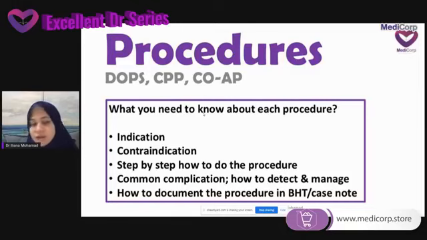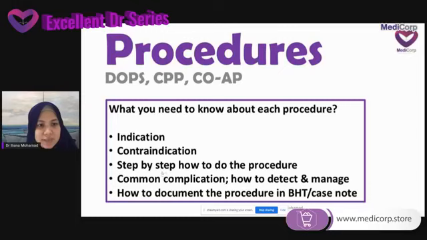Basically 4 things, which we emphasize during the clinical skills workshop by Medicom. First, you need to know what are the indications of this procedure, when you need to do it. Second, what are the contraindications? Despite having an indication, a reason to do it, in certain situations you cannot do this procedure.